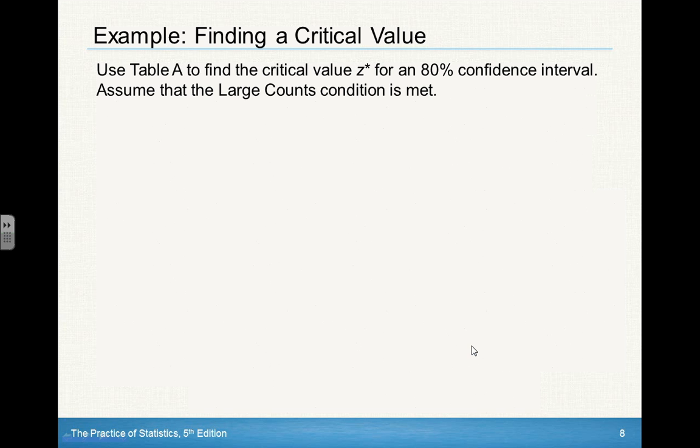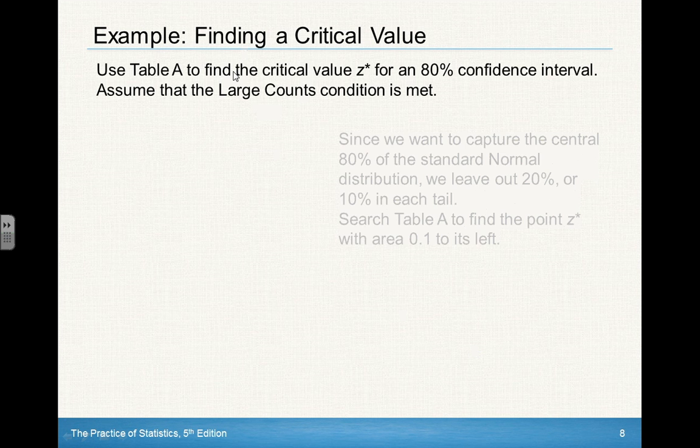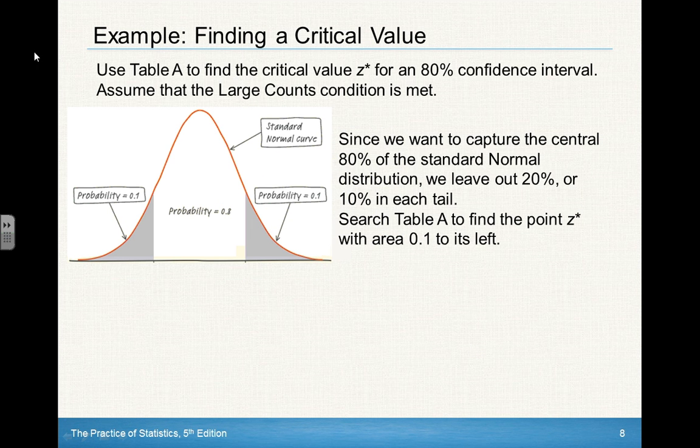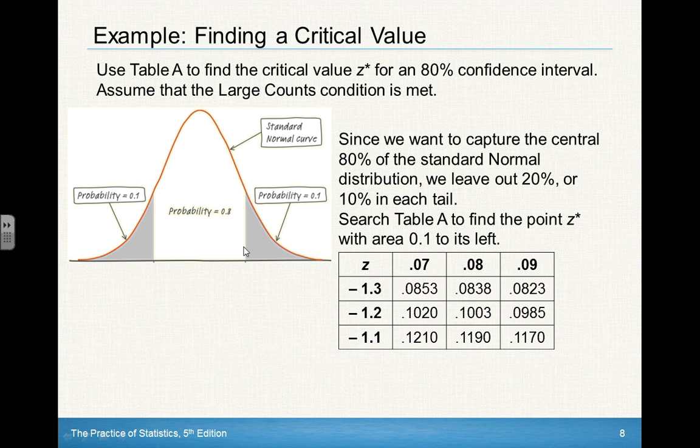So we can practice a little bit. For an 80% confidence interval, if I've taken a large enough sample size to where I have 10 successes and 10 failures, I'll make me a little table. This is 80%. 10% here, 10% here. Look up 0.1 on the table, and 0.1 is really close to this number.